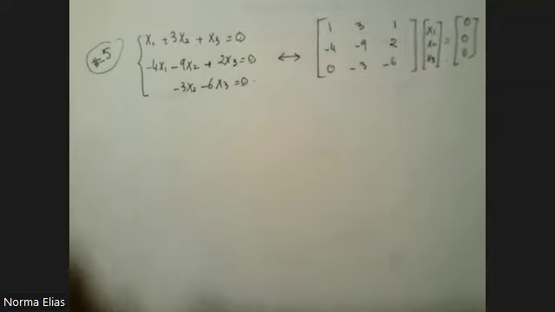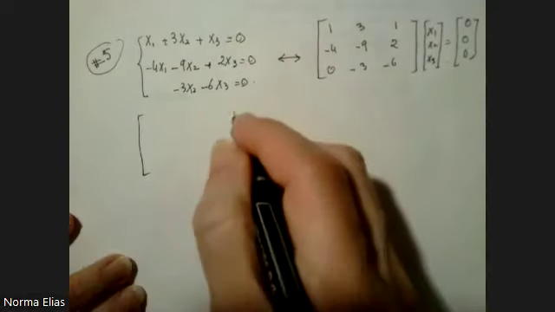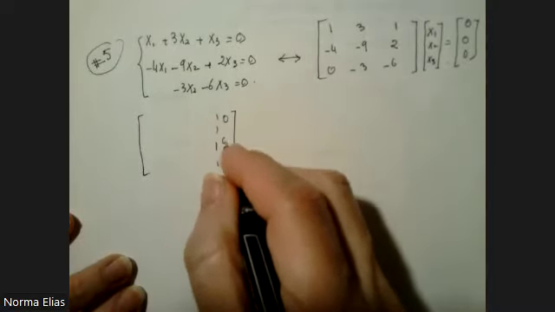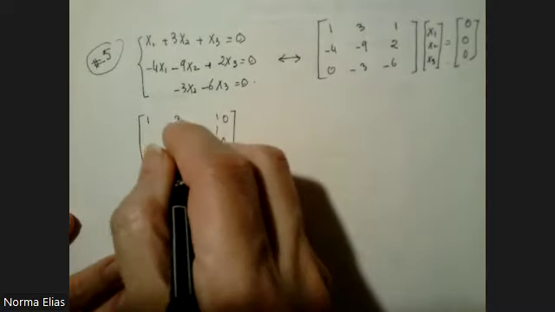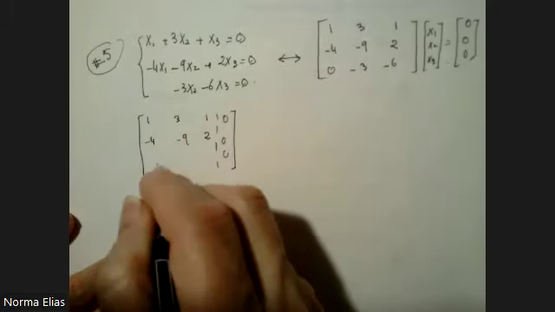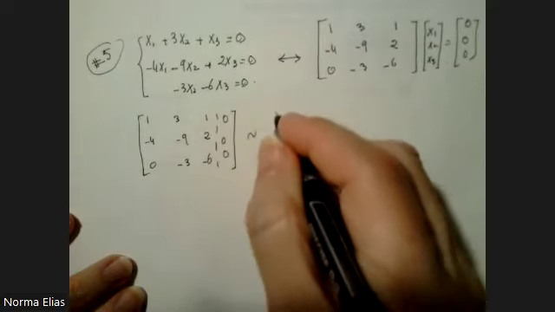Okay, so we are going to solve it. Sorry, I'm trying to adjust a little bit, hoping it will be clearer. We solve it always the regular way. That's my matrix here, 1, 3, 1, minus 4, minus 9, 2, 0, minus 3, minus 6.